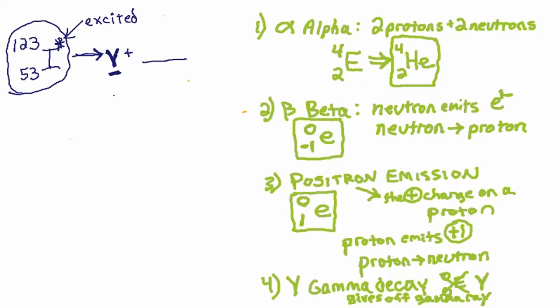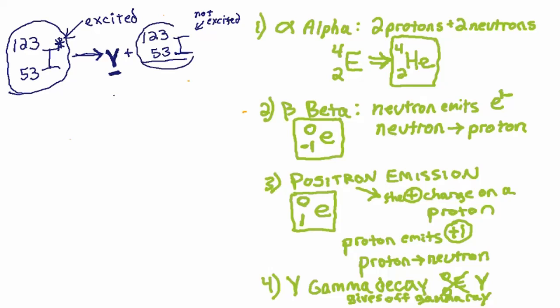So we put the asterisk there, and then what happens after the gamma ray is given off? Nothing. The iodine 123 just isn't excited anymore. It doesn't have any change whatsoever, except this one after the gamma ray is shot off does not have an asterisk, so it's not excited anymore.